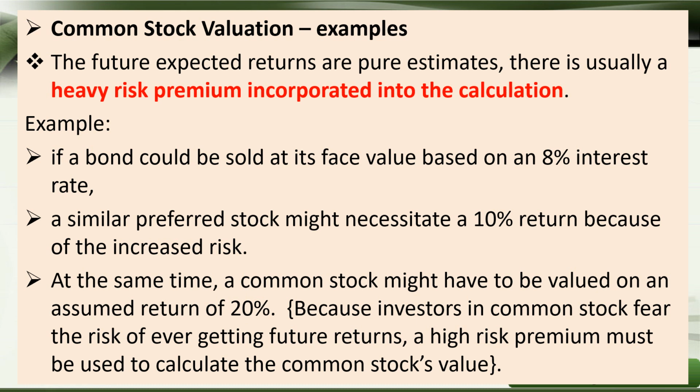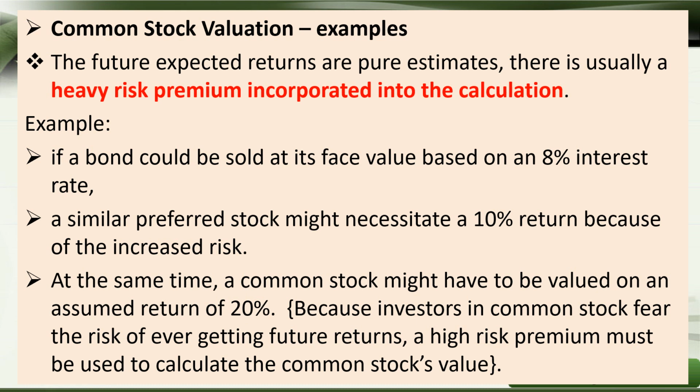At the same time, a common stock might have more risk also, and might have to be valued on an assumed return of 20%. Because it is last in line for the claim on the company assets, they have more risk, so the return also should be more, and they are the actual owners of the company. So let's say in this example we have a return of maybe 20%, while for preferred stockholders it is 10%, maybe double, on an average basis.